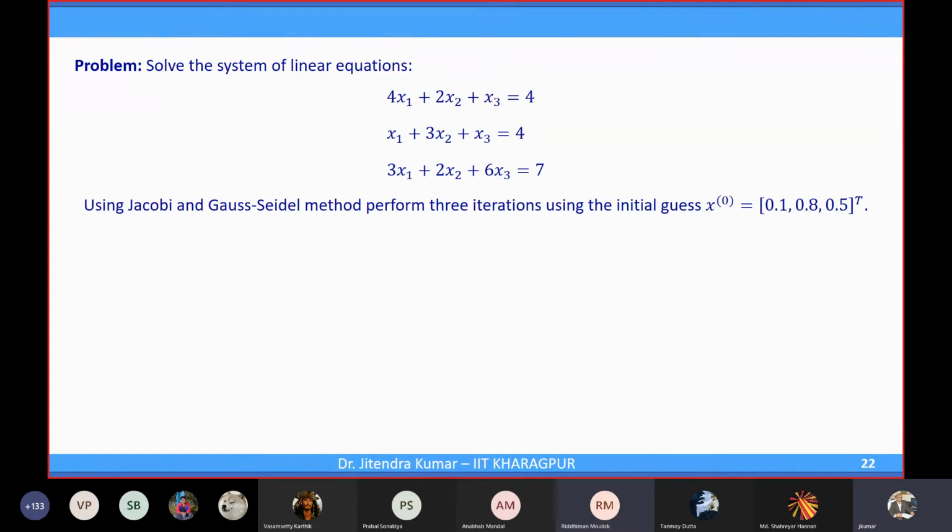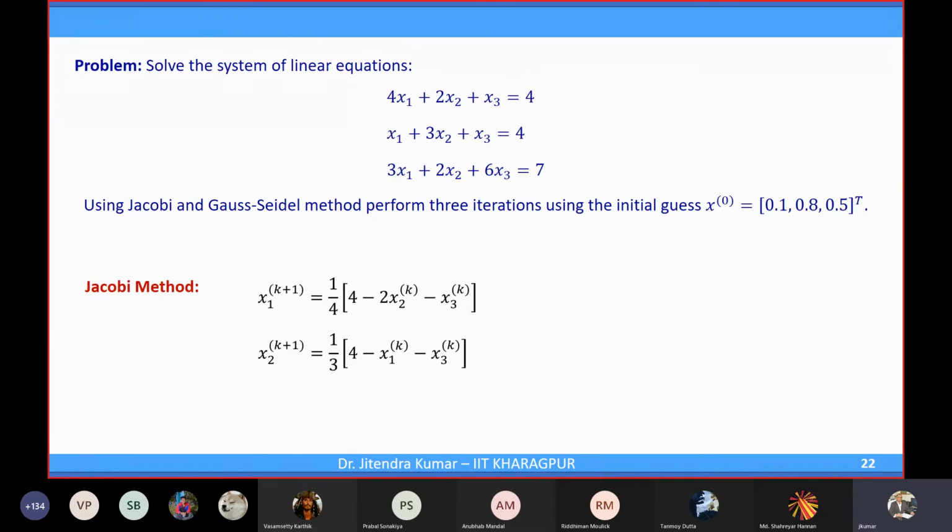So next question here: solve the system using the Jacobi and Gauss-Seidel methods, perform 3 iterations using the initial guess. Anyway, it's the same thing, so I don't think we have to spend more time on this. This is the Jacobi method: on the right-hand side, for every component we are using the k.